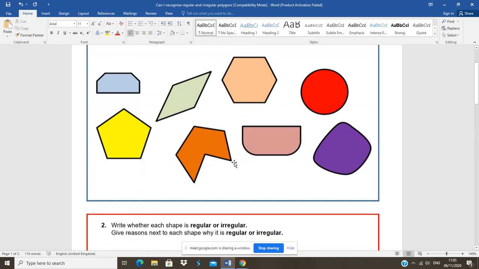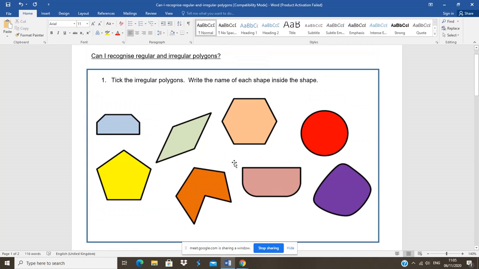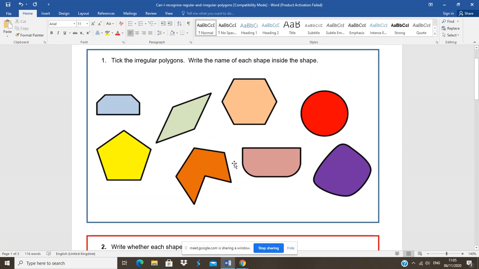All right then. So the things you have to remember: regular polygons normally will have all their sides equal, and irregular polygons will not have their sides equal. Now there are figures that are made out of curves.